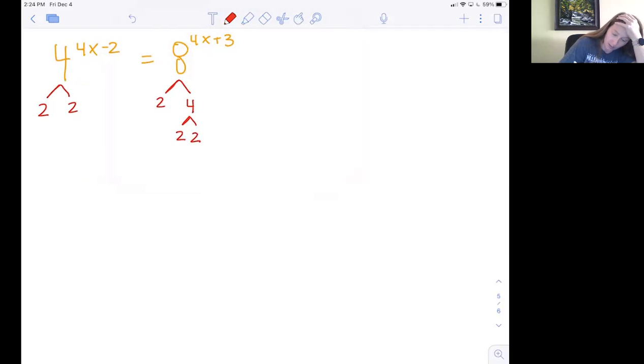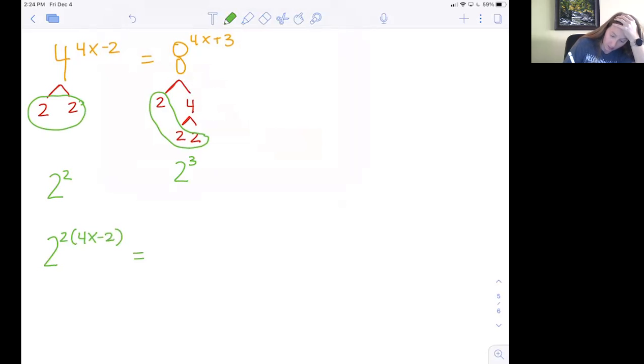So right here, I've got 3 2's multiplied together. So that's saying 2 cubed. Right here, I've got two 2's multiplied together, so that's 2 squared. Okay, so now I'm going to rewrite 4 as 2 squared, and then I've got this 4x minus 2 all up there, and I'm going to rewrite the 8 as 2 cubed, and then the 4x plus 3.